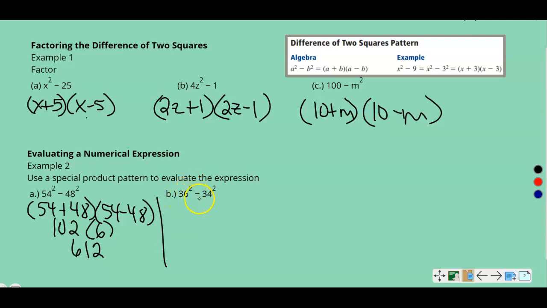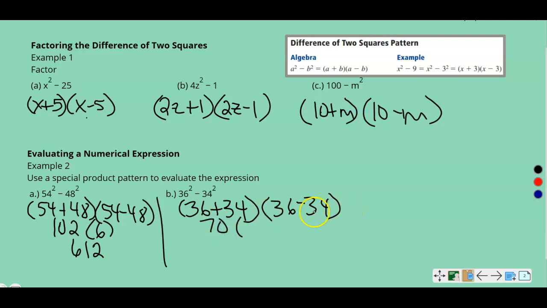Again, 36 squared minus 34 squared. I can use a difference of squares pattern. I can do 36 plus 34 and 36 minus 34. All right, so I know 3 and 3 make 6, 6 and 4 make 10, so that's going to be 70.